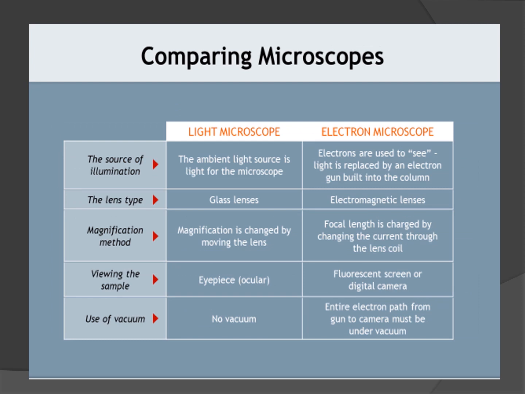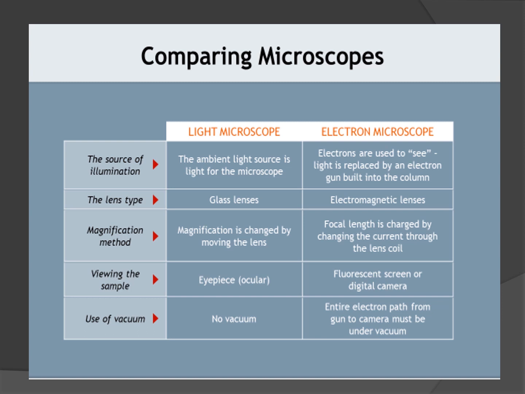We can also compare the light microscope with a scanning electron microscope. According to the source of illumination, light is replaced by an electron gun built into the column. The lens type: for a light microscope, it is glass lenses, and for an electron microscope, we use electromagnetic lenses. Magnification method: for a light microscope, magnification is changed by moving the lens.